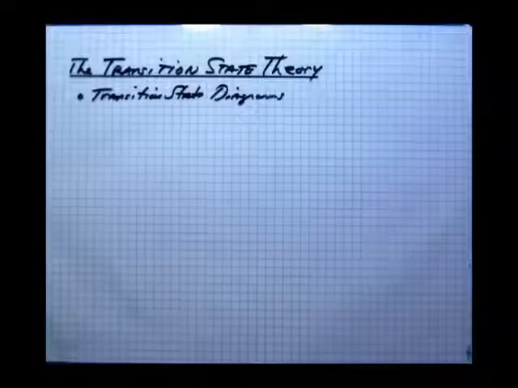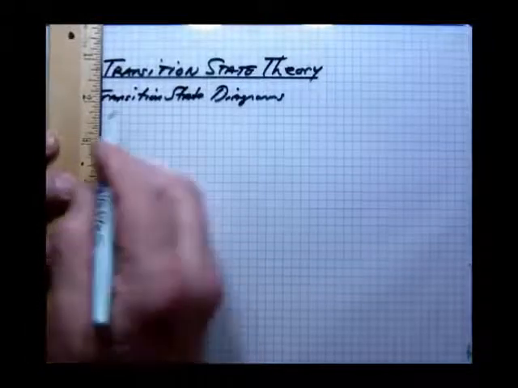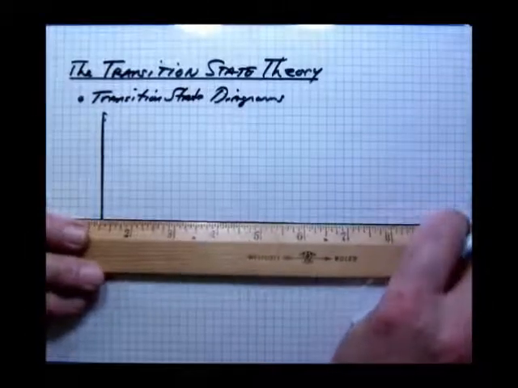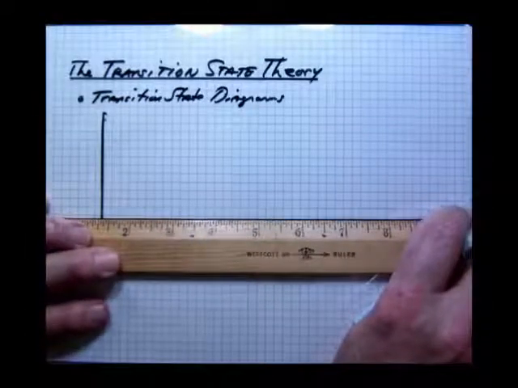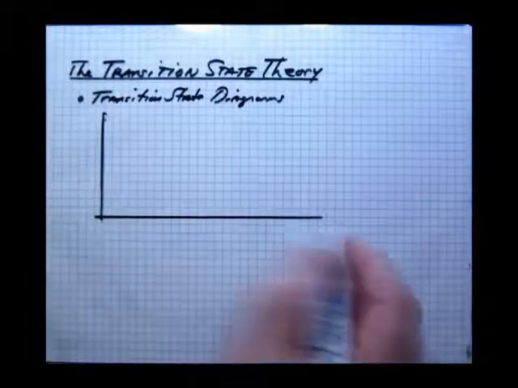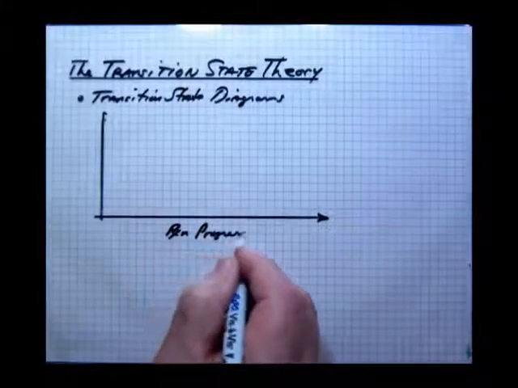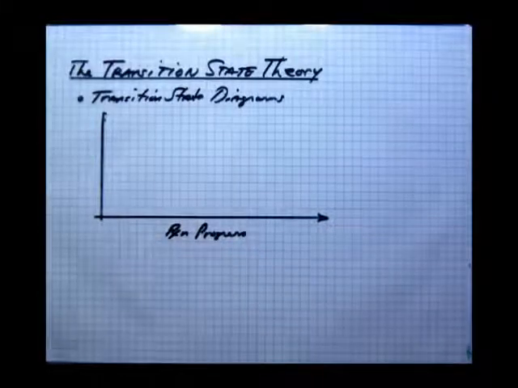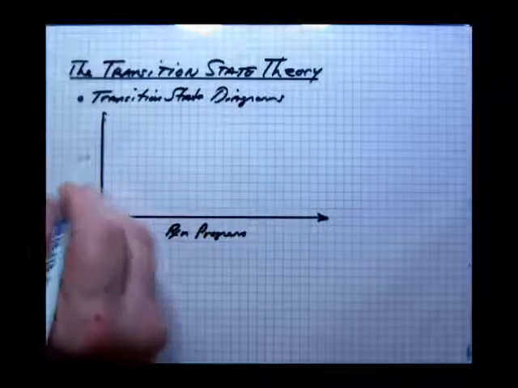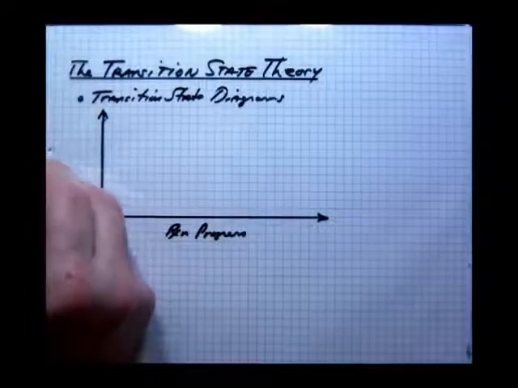So I'm going to draw the exothermic first. It's pretty straightforward, and show you how to use this to calculate activation energies. This is reaction progress. It is not anything numerical in the context of the reaction, but the vertical axis here is a positional energy content or potential energy.